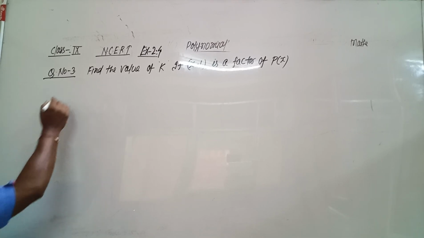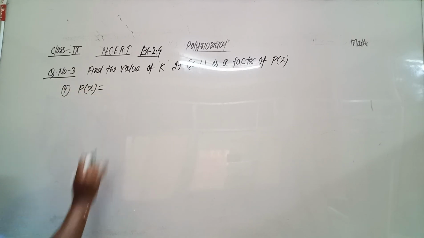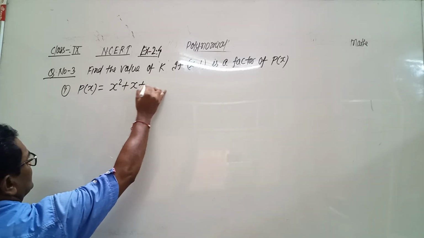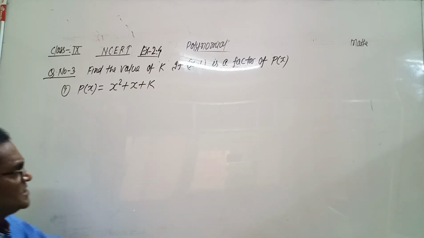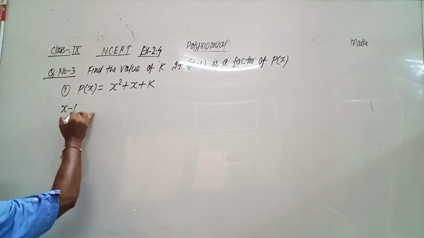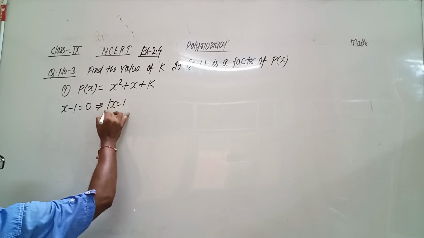And the first part of the question is p(x) equals to x square plus x plus k. So firstly we have to make x minus 1 equals to 0 and find the value of x. x equals to 1.